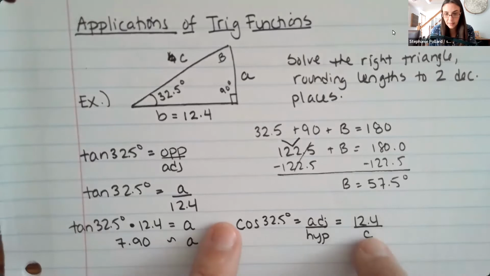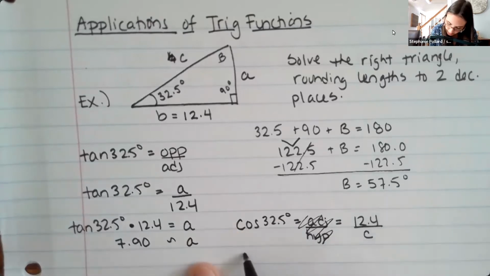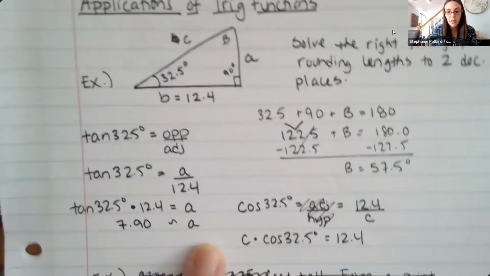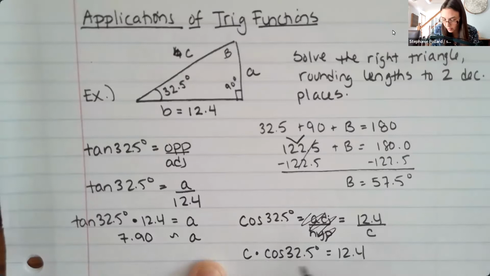So here I'm going to multiply by C on both sides. So it's going to be C times cosine of 32.5 degrees equals 12.4. And now I'm solving for C, so I'm actually going to divide both sides by cosine of 32.5 degrees.